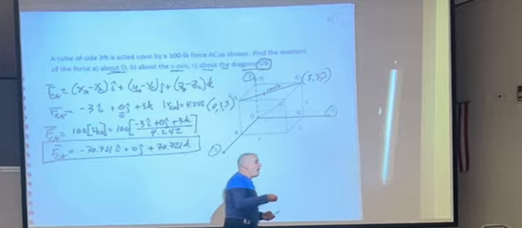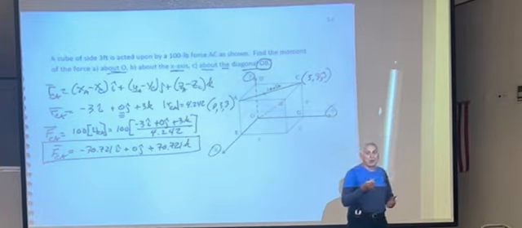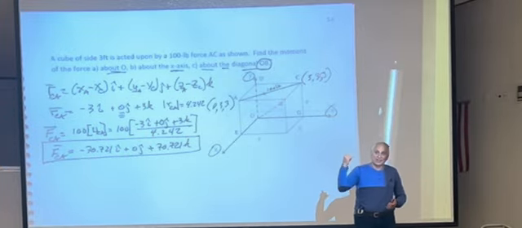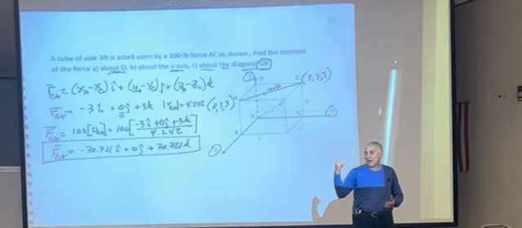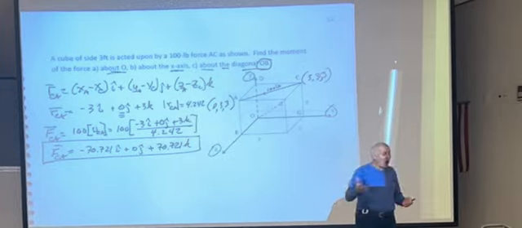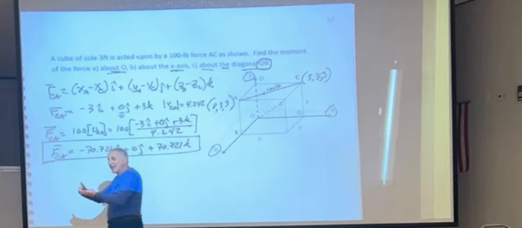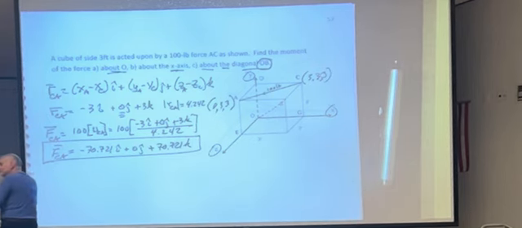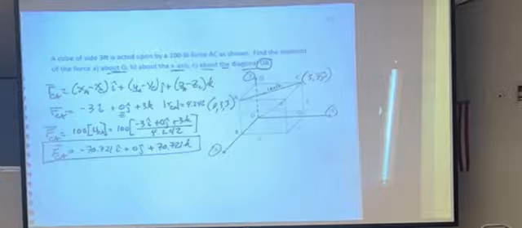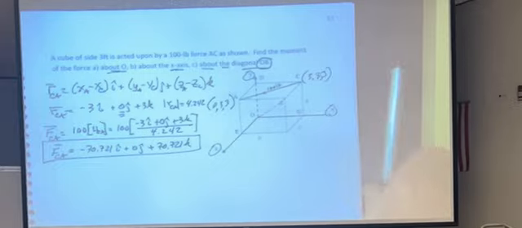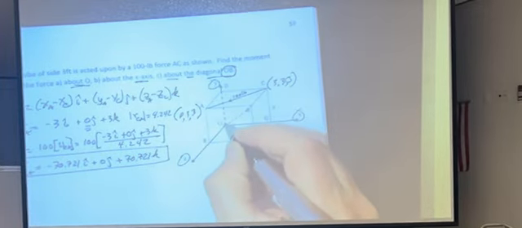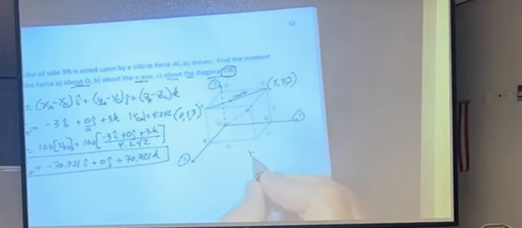I need a moment. How do I get a moment? R cross this stupid F that I just got in IJK. Well, what R do I use? I need an R that goes from the moment center, which in this case is O, to any point on the line of action of the force. Please note, I can use ROA. I can use ROC.